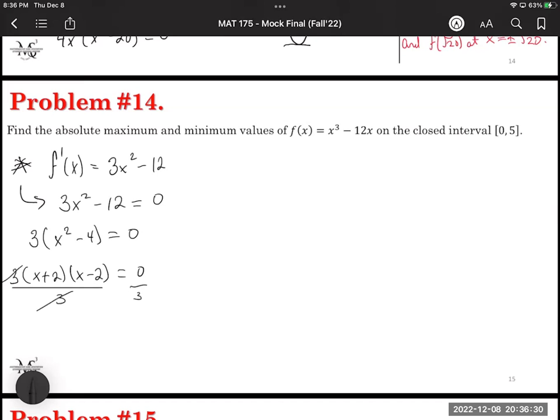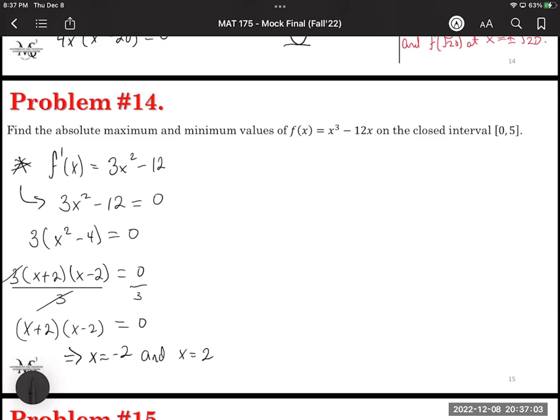It doesn't have any effect on this problem because on the right-hand side you still get 0. When I solve for x, there should be two solutions. So what will be the values of x here? You get x equals -2 and x equals +2.